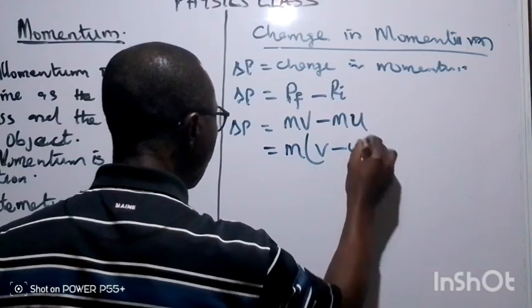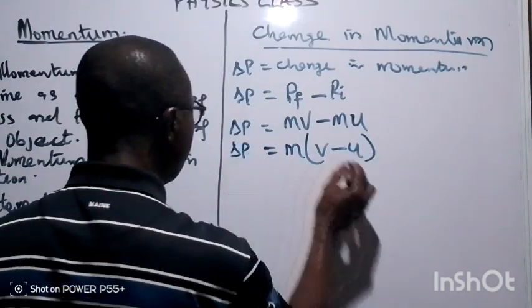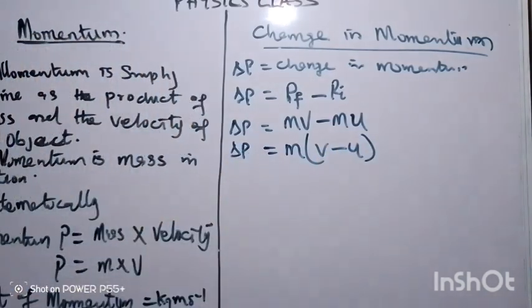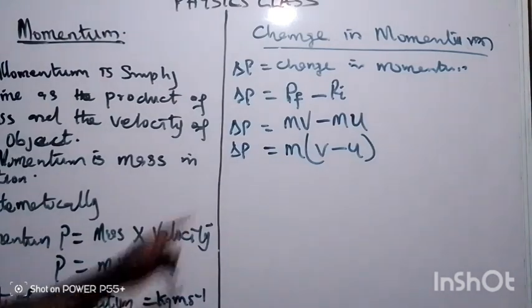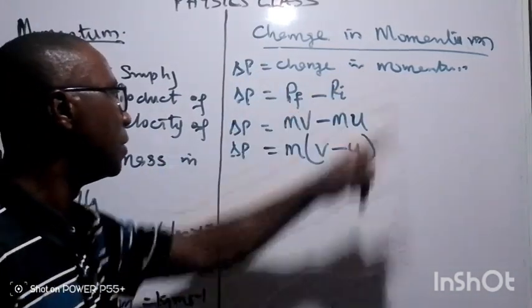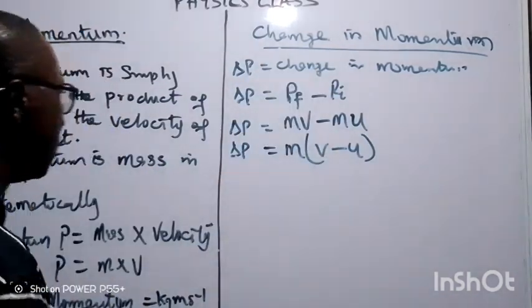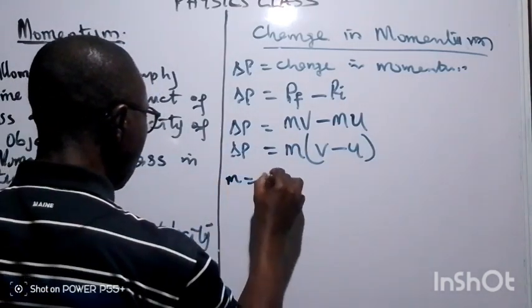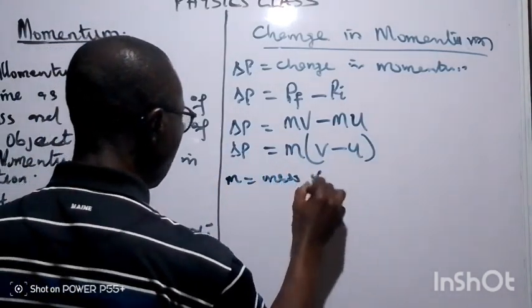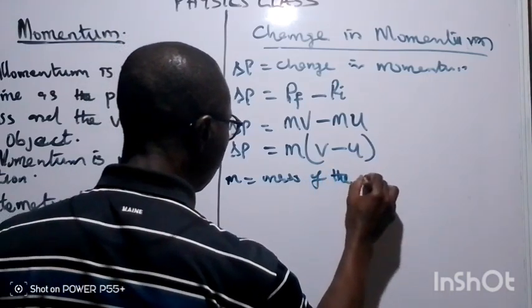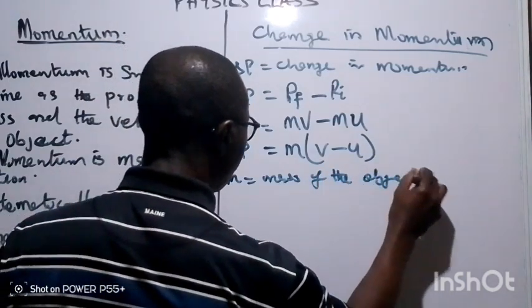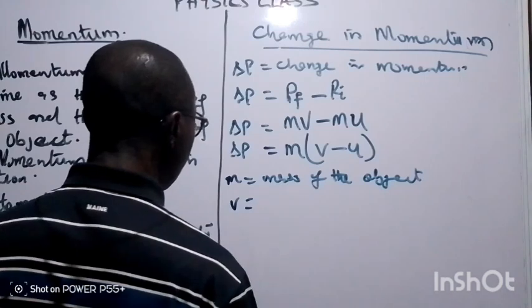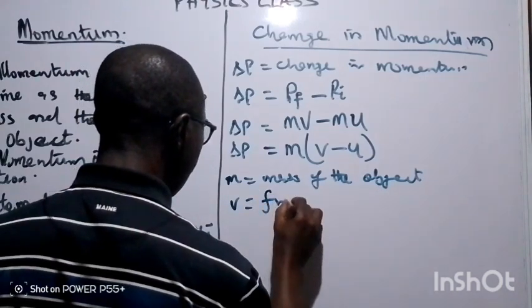So the change in momentum gives us this formula, where delta P, as I wrote on the board, is change in momentum. M is the mass of the object. V is the final velocity.